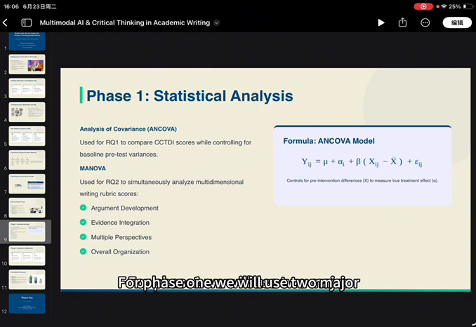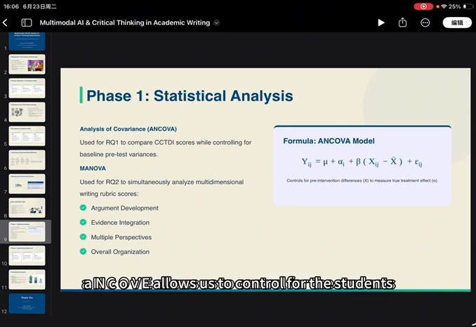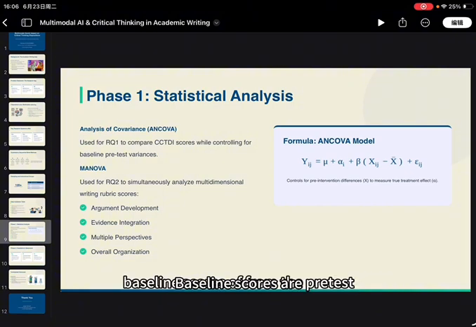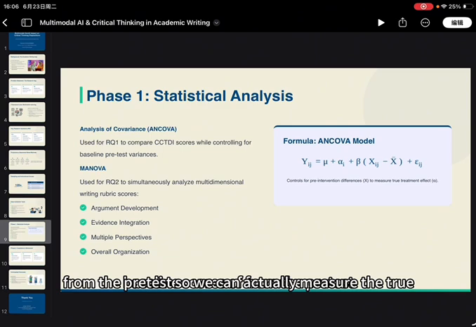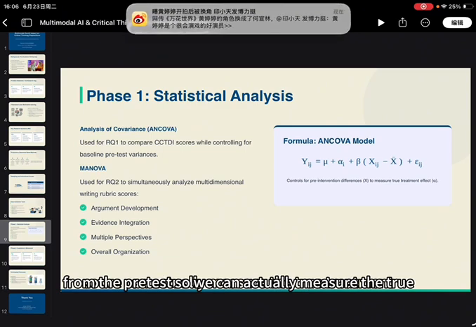For phase 1, we will use 2 major statistical methods. For research question 1, we will use ANCOVA, analysis of covariance. As you can see from the formula on the slide, ANCOVA allows us to control for the students' baseline scores from the pre-test, so we can actually measure the true treatment effect.